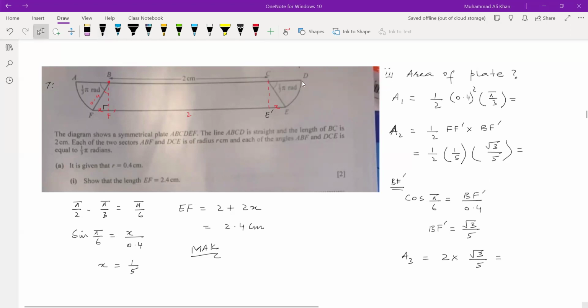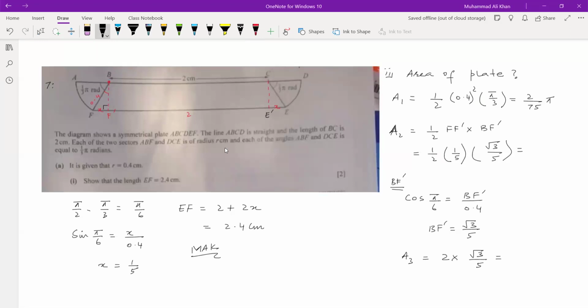So now I'm first calculating A1. What is A1? It will be 0.5 multiplied by 0.4 squared multiplied by pi by 3. So the answer is 2 over 75 pi.